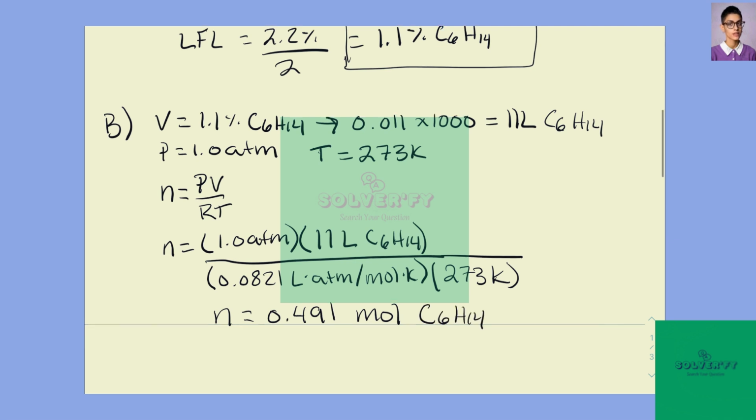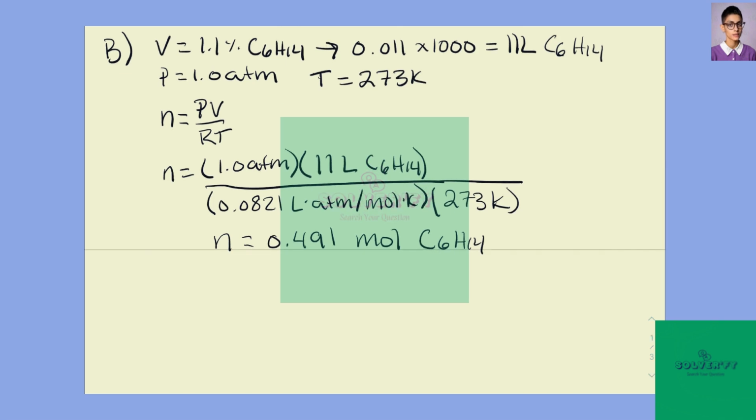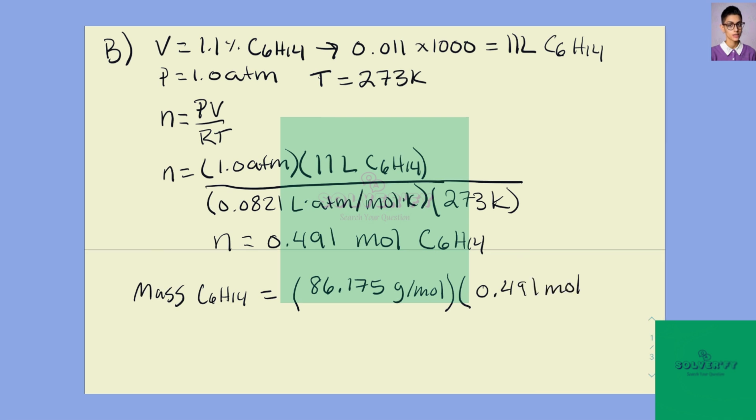So now that we have the moles of hexane, we can get the mass of hexane using its molar mass. So mass of our hexane is going to be our molar mass, 86.175 grams per mole, times our moles, 0.491 moles. So our mass is going to be 42.31 grams of our hexane.